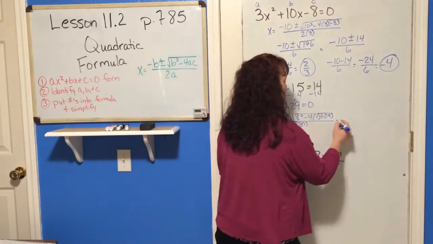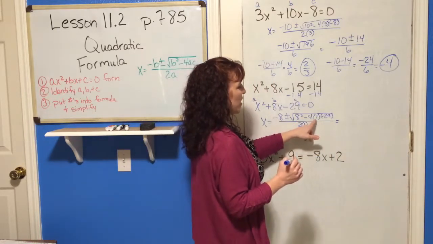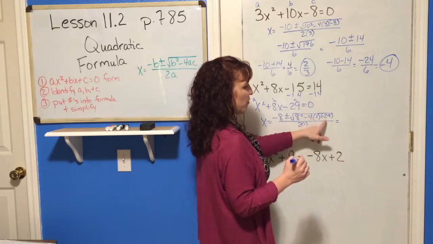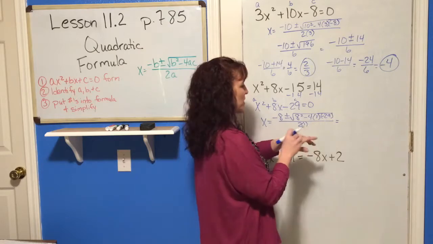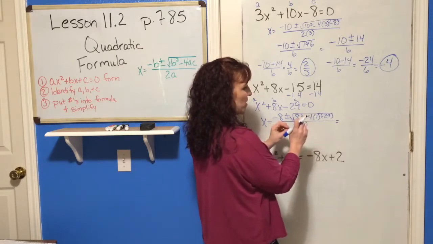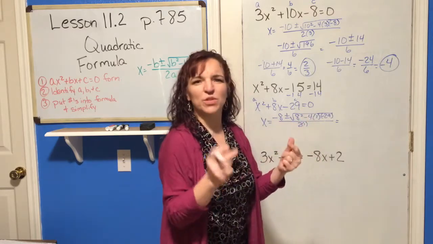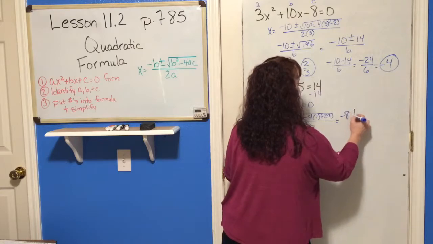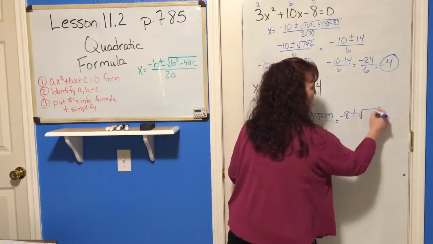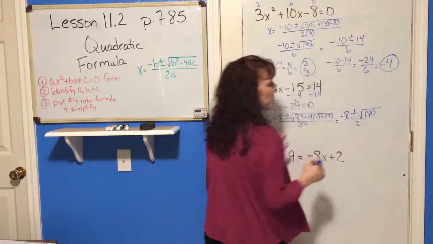Now when you work it out, 8 times 8 is 64, and negative 4 times 1 is just 1. Negative 4 times negative 29 is going to give you a positive 116. And 116 plus the 64 is 180. There again, see, it's all just computation that you can use your calculator for. So negative 8 plus or minus the square root of 180 over 2.